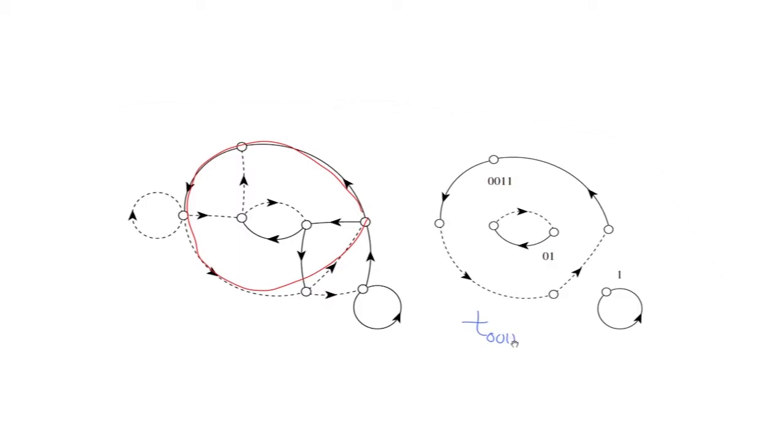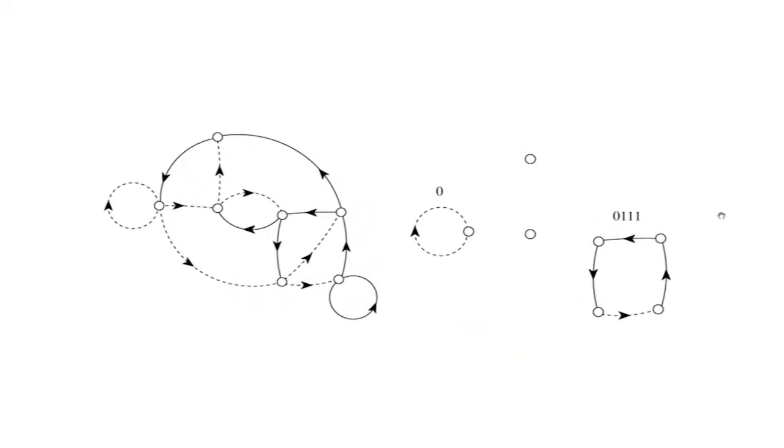And for reasons I don't remember, I'm keeping some old cycles here. There is another cycle of length 4. It's this one. This cycle here. And that one has a weight T0, 1, 1, 1.